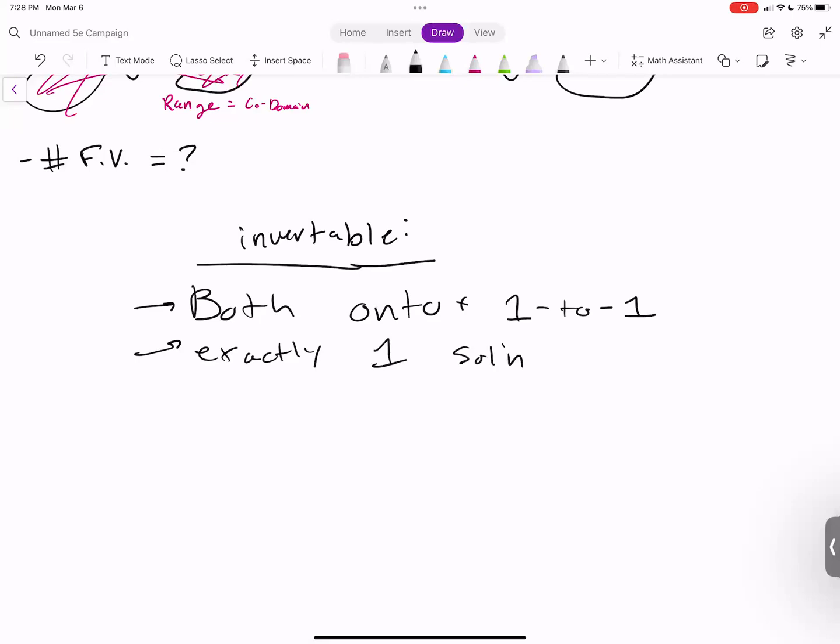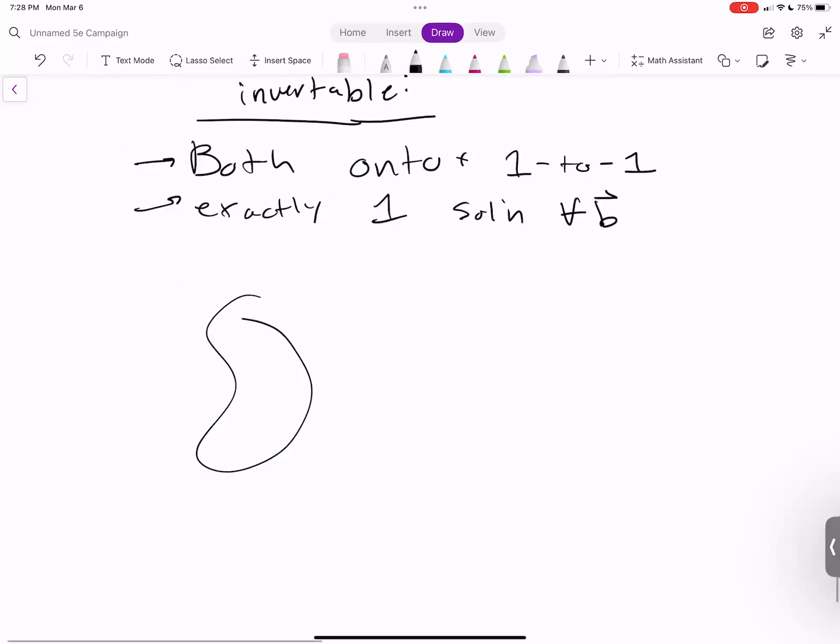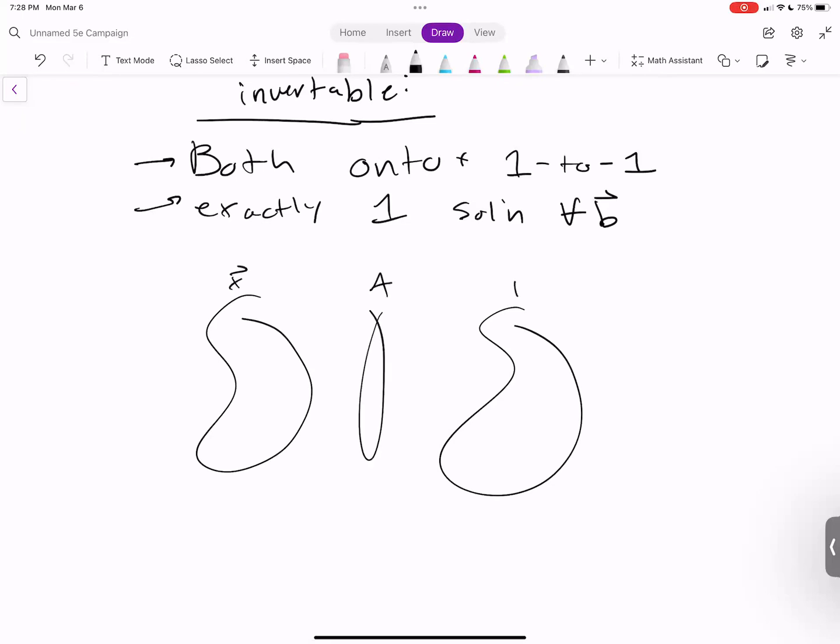For all b. So if it's invertible, what this looks like: start here, we end here, go through A. Each of these, while it might be kind of crooked, doesn't necessarily need to be straight looking.